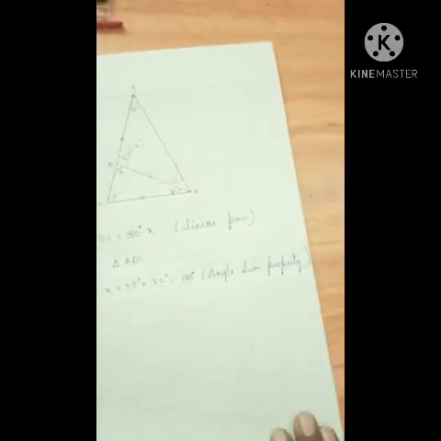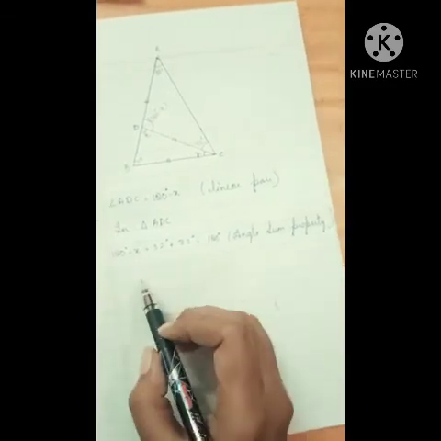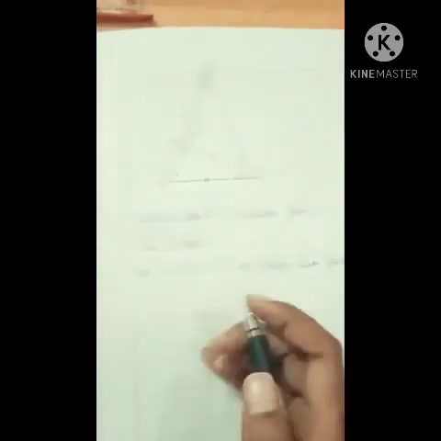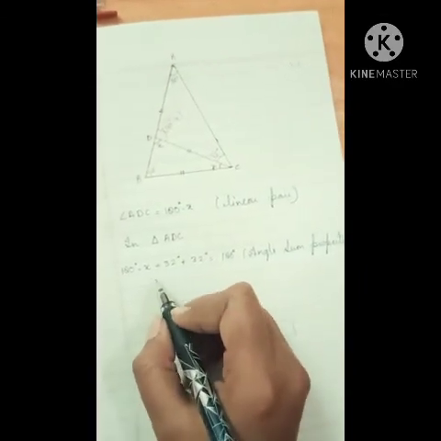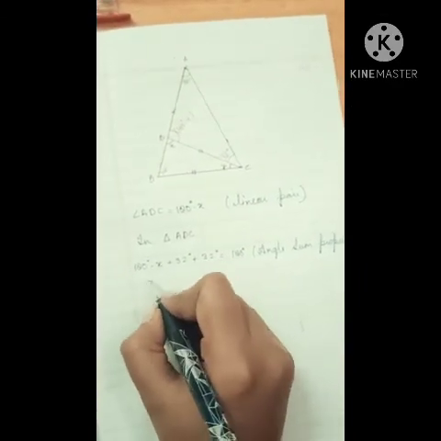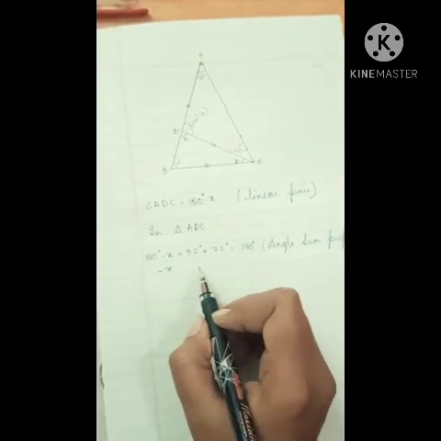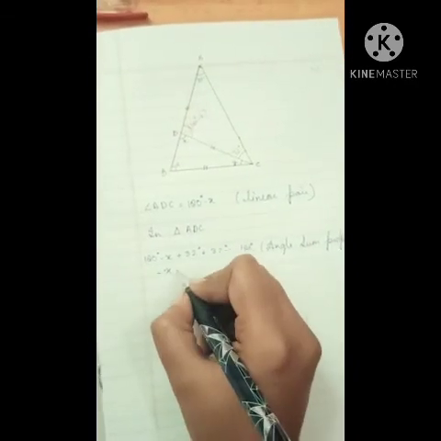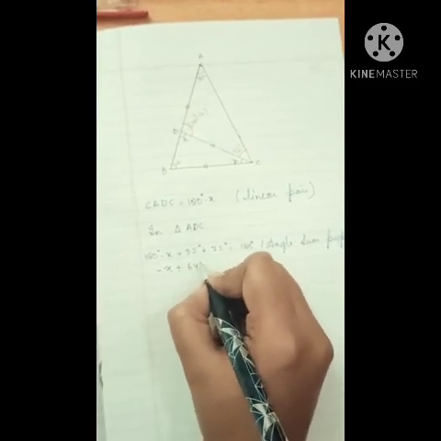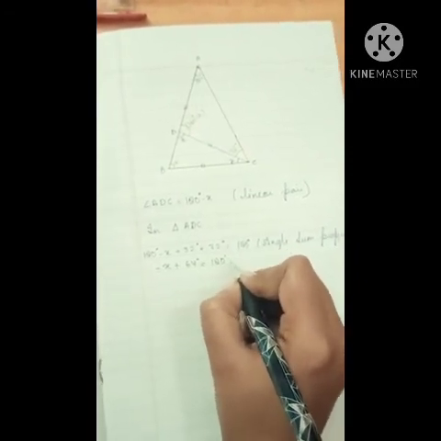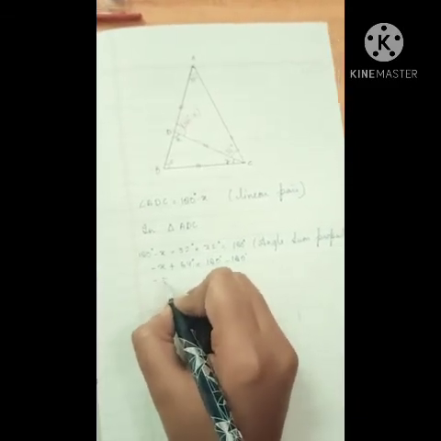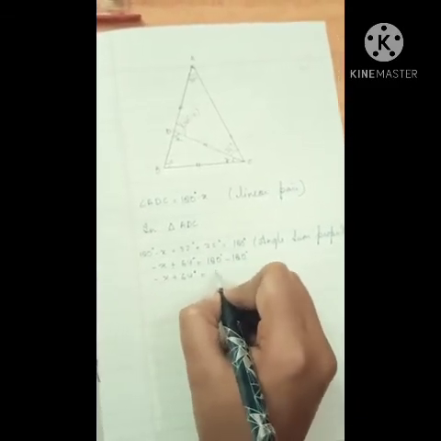Okay, now from here we'll find out the value of x. So here we get minus x. This 180, when we transfer this 180 this side, what happens? Here we get 64. 180 minus 180, so here we get 0. Right? Minus x plus 64 degrees equals to 0.